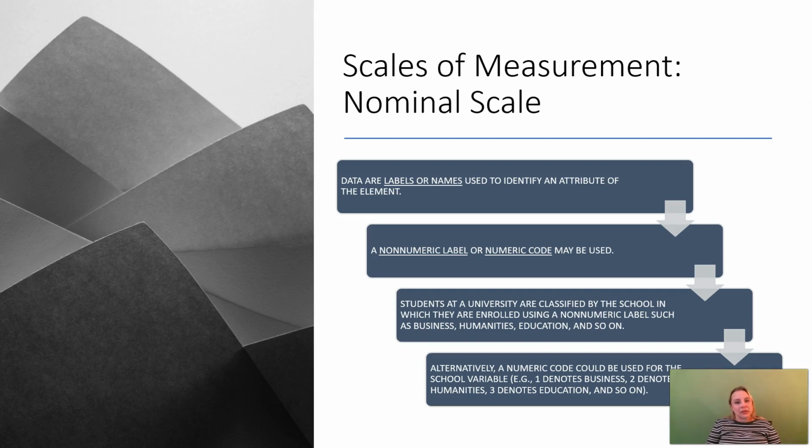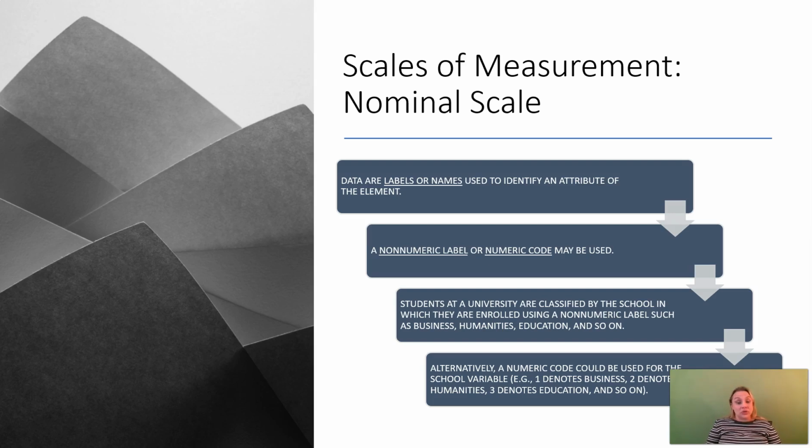When we're thinking about the nominal scale of measurement, we have labels or names used to identify the attributes of that element. And we can either code it numerically or non-numerically. For example, if we're thinking about students at a university classified by the school in which they're enrolled, you could have a non-numeric label such as being in the business school, the College of Science and Health, or whatever.